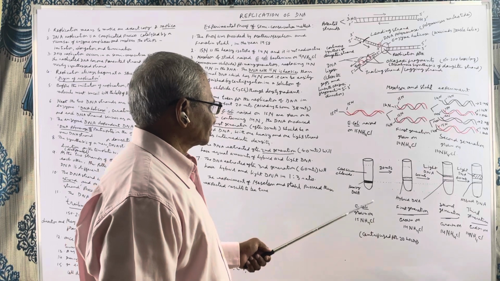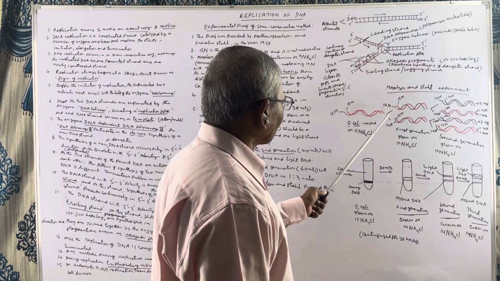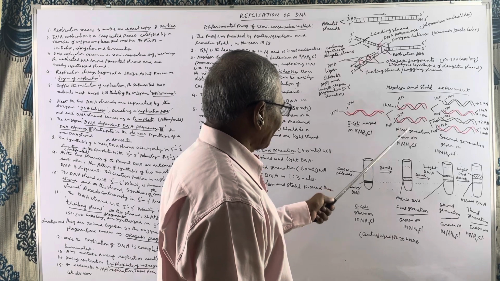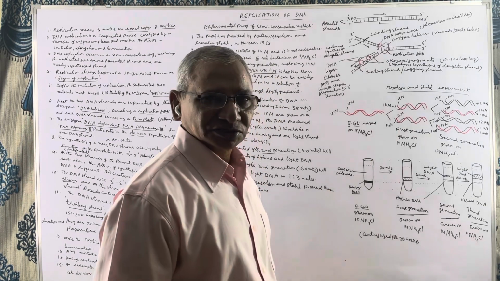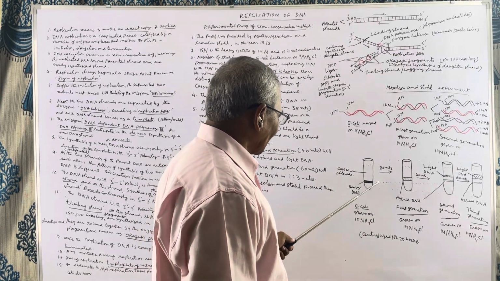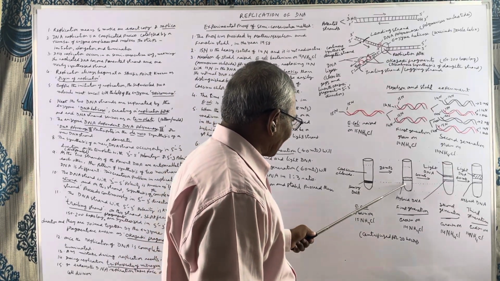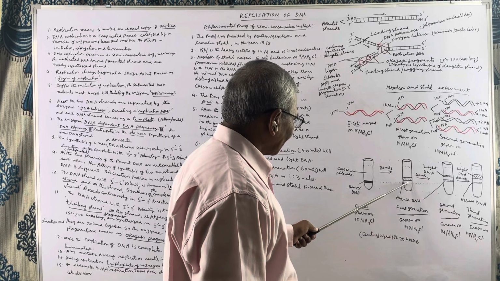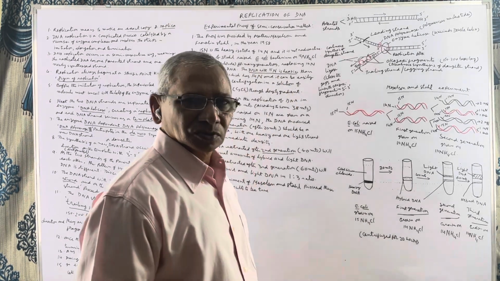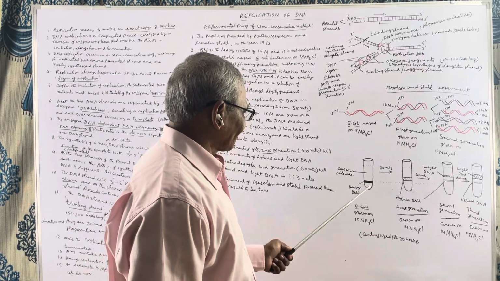Then, after 20 minutes of replication, they have again subjected the DNA for centrifugation for 20 hours. Then what happened? Instead of precipitating at this level, DNA precipitated at this level, the higher level. Here density is very important.